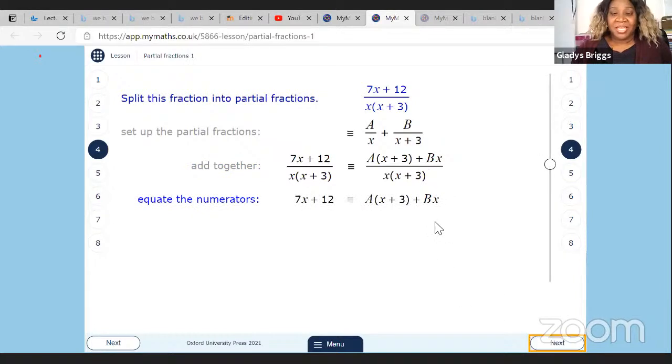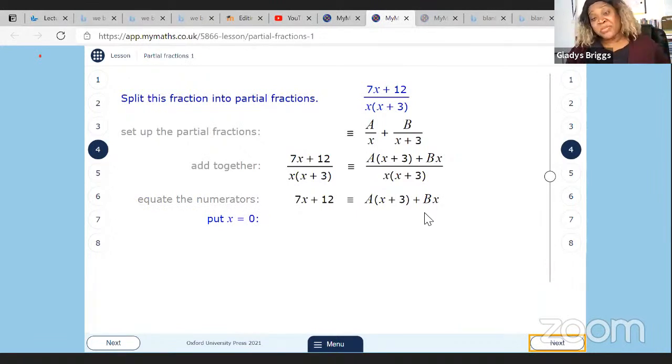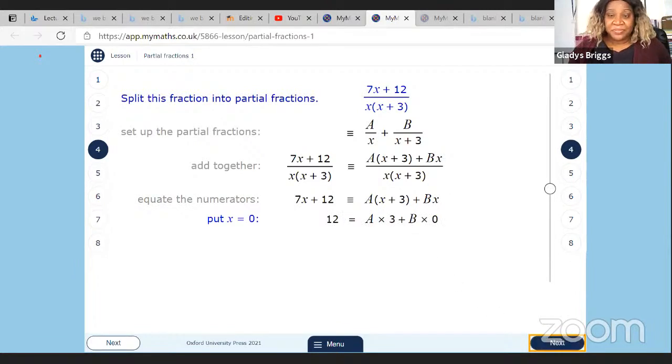And what did we put for B when we wanted to find A? Okay, good girl. When x is equal to 0, the only way you would have 0 here is if you make x equal to 0. Then A would be equal to 4.